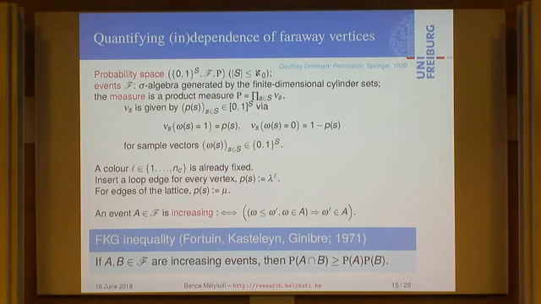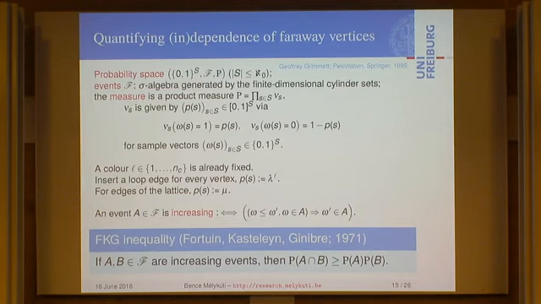And so there's another notion, which is that an event is called increasing if it satisfies this property: if you increase omega, where omega is the vector of open edges, so it's 0, 1, and 1 when the edge is open. So if omega is part of the event, then if you just open more edges, it will still be part of the event.